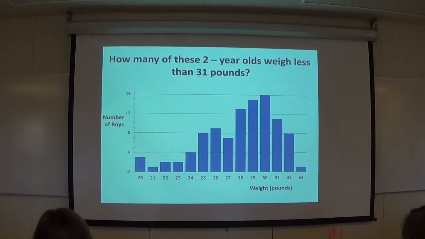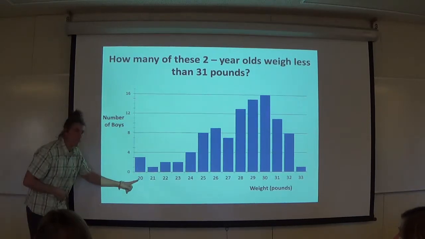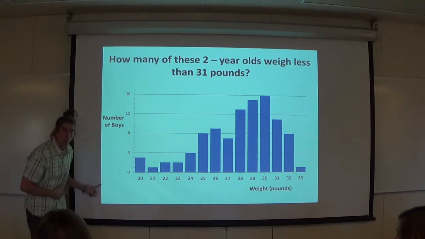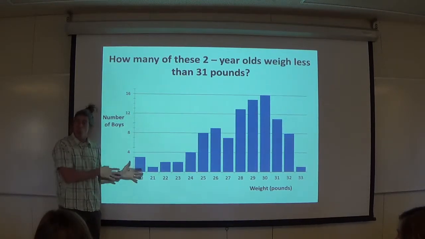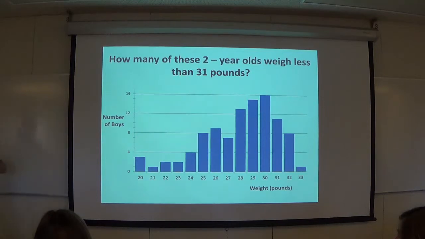Literally, by that definition, wouldn't he be the 0th percentile? Because it's the proportion of data that a given data point exceeds. A 20-pound kid, who's he exceeding? Nobody. Nobody's to the left of him. He's at the far left. He exceeds no one. So technically, he's the 0th percentile.